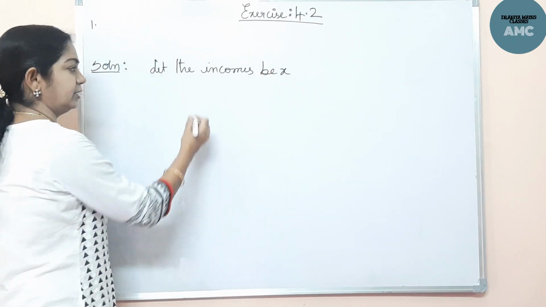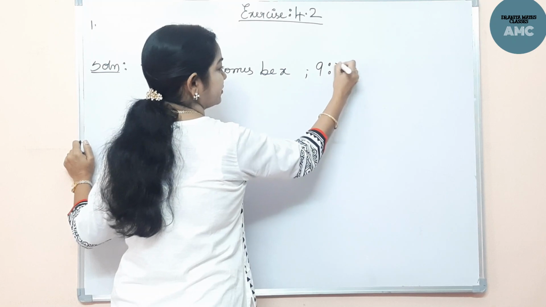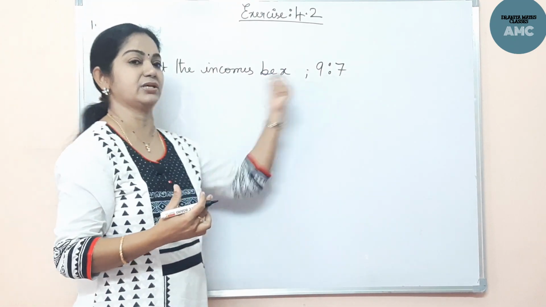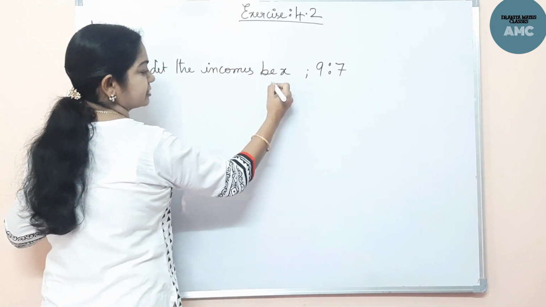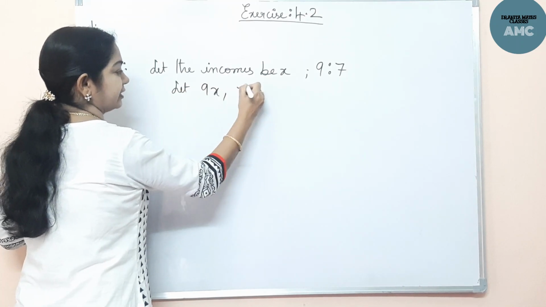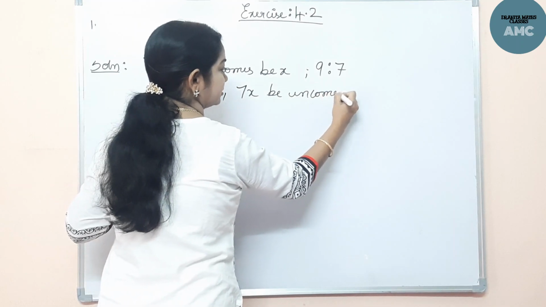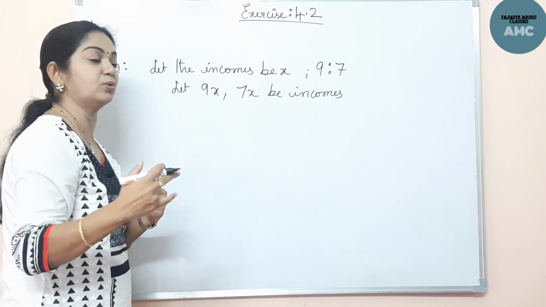They are in the ratio of 9:7, the first person and second person. So I am taking income as x. Let 9x and 7x be the incomes. Now the expenditure, that means what they have spent in the whole month.